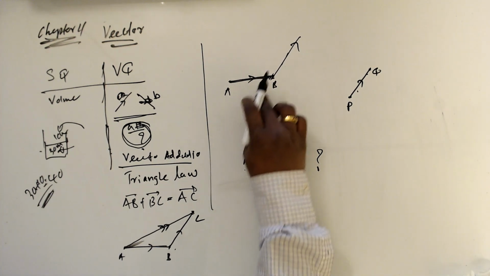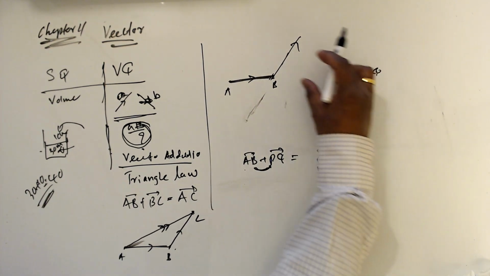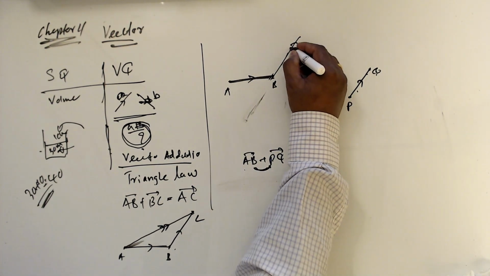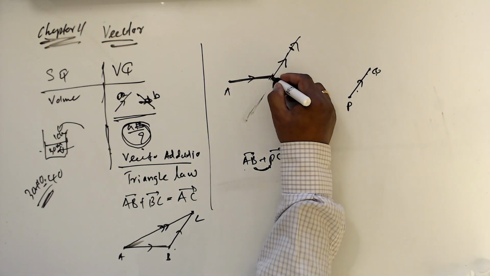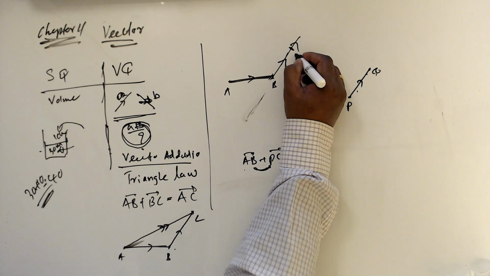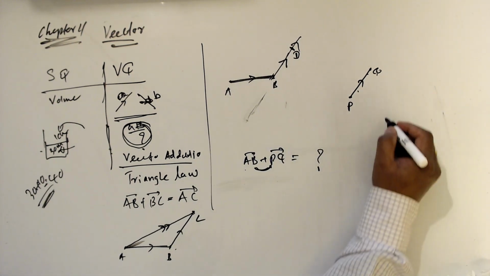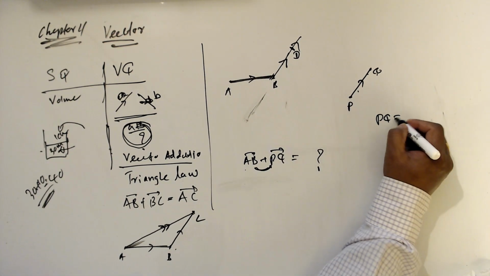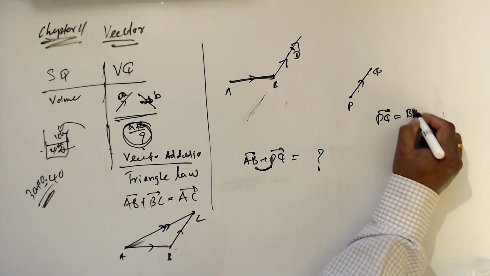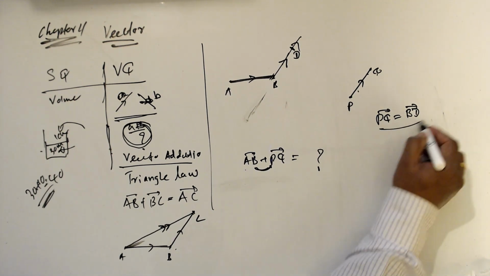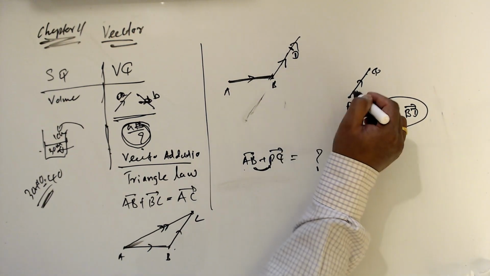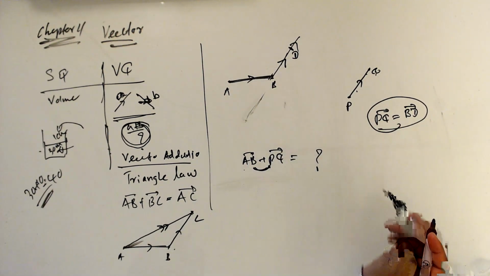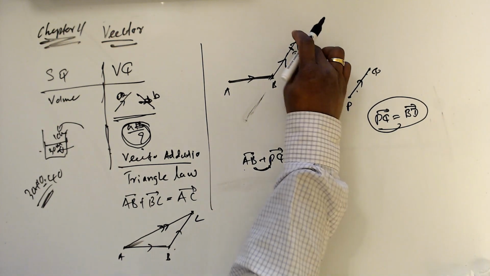Then I'll measure this length here and mark it. Now PQ, and I will write this is D. Now what can you tell about the PQ vector and the BD vector? They are equal vectors because we drew it parallel and we measured the length.